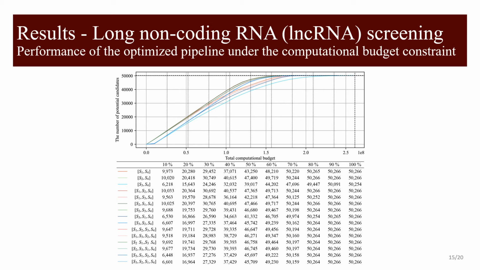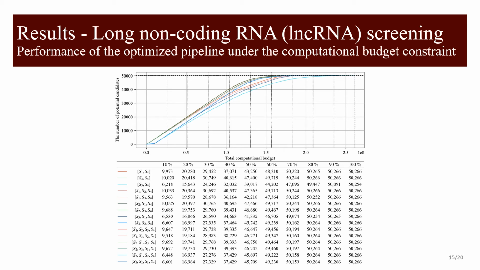The complexity of the initial stage in the pipeline determined the point where the pipeline starts to select the potential candidates, and the correlation between a stage and the last stage was closely related to the slope of the performance curve. The pipeline, including the second stage S2, associated with CPAT that is highly correlated to the last stage, showed the steepest slope of the performance curves.